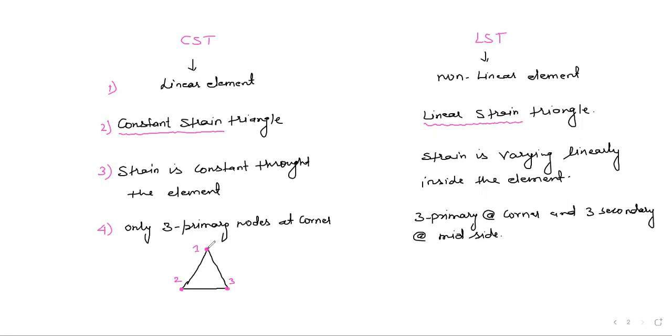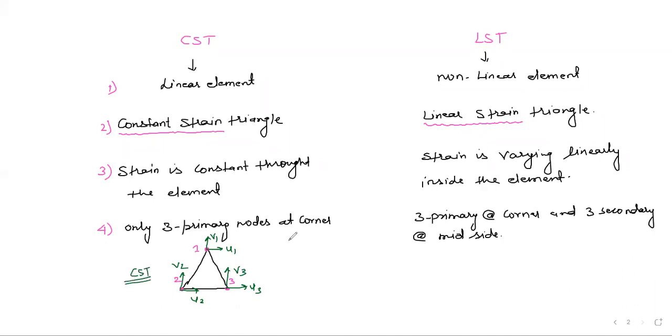Let me take in x direction displacement u, so u1, and in y, v1. Similarly, at node number 2 we will have u2, v2, and at node number 3, u3 and v3. So this is your CST, constant strain triangle.